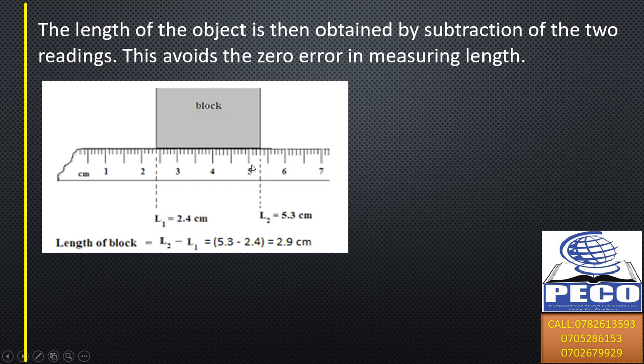Then I come to the end here, I have 5.3 centimeters. When I've obtained these two readings, I subtract L1 from L2, the reading at this end. The value I get, 2.9 centimeters, is the accurate value for the length of this block. Other than placing it here, it would give me a value which is not correct. So there I have avoided the zero error mistake.